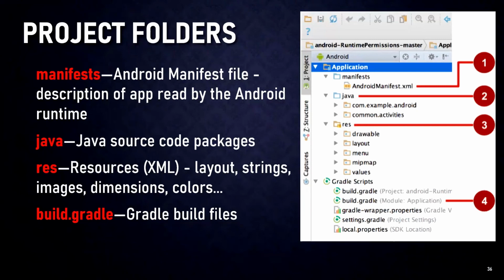The next one is the mipmap folder. What makes this folder different is that you put the same image file with different sizes. The mipmap and drawable folders both contain images, but mipmap holds the same image in different sizes, so that the Android app will pick one of these images based on your screen size.